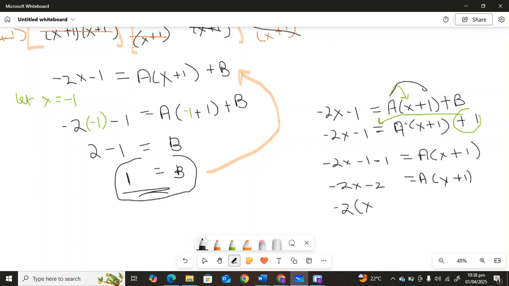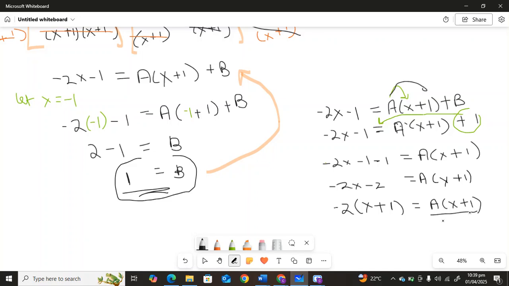Negative 2 divided by negative 2, you get positive 1. Now remember, we still want to find, we're trying to find the value of a.